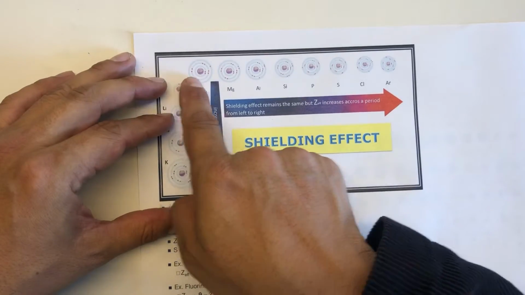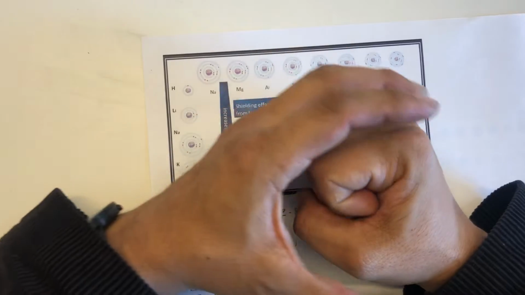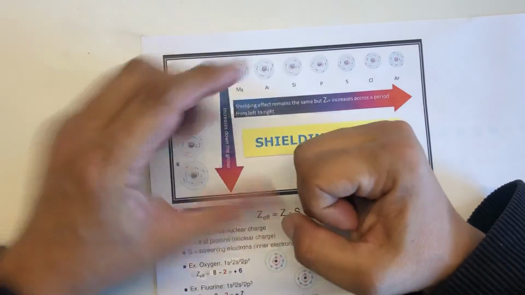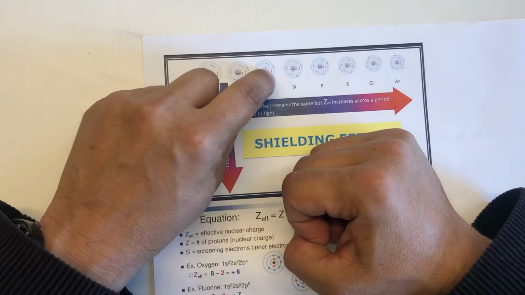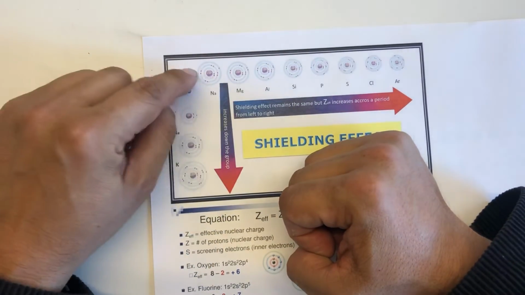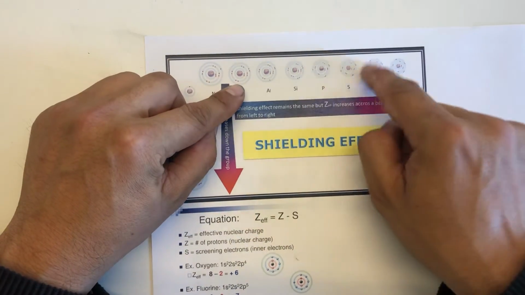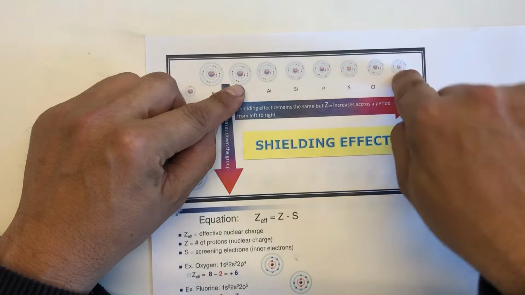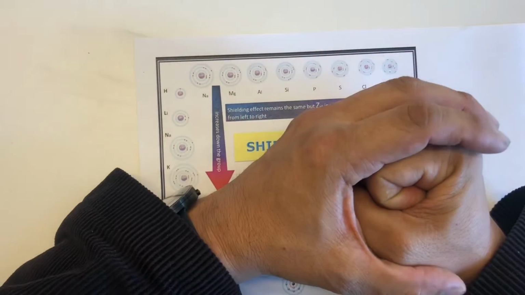The different pattern is that as you go from left to right, the atoms actually get smaller. And what you're noticing is that the electrons in between the protons and the outer electrons are the same. So the inner electrons don't change. So they're blocking the inner and the outer the same way. The only thing that's changing is the number of electrons and the number of protons. As you add more protons, it pulls on each of those electrons more.